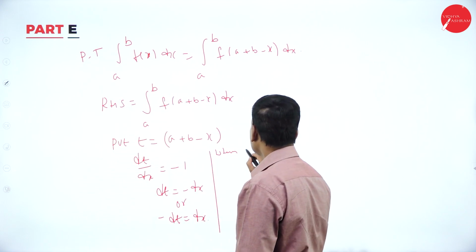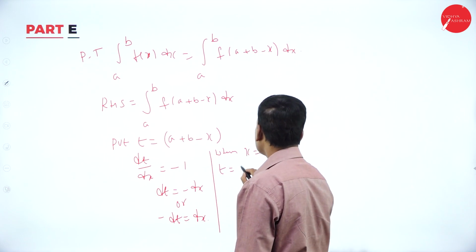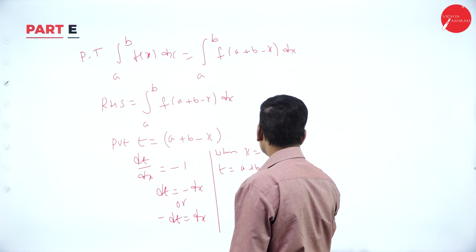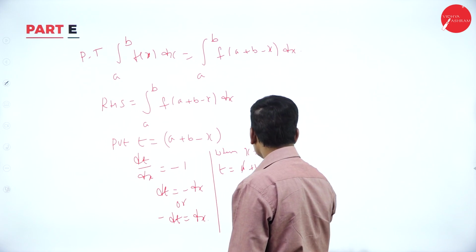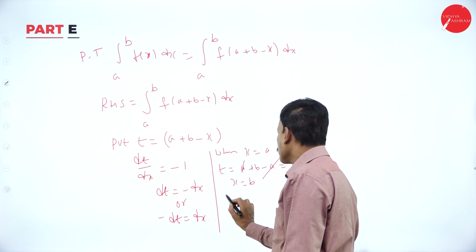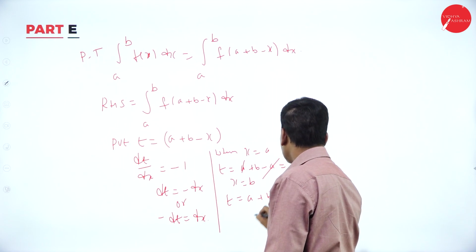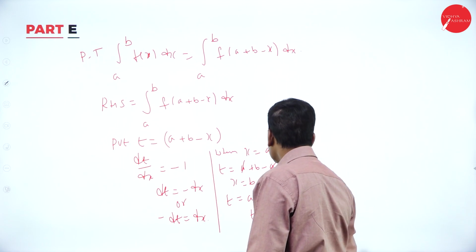When x is equal to the lower limit a, t can be written as a plus b minus a, that's equal to b, as minus a plus a gets cancelled. Again, when x is equal to the upper limit b, t becomes a plus b minus b. Minus b plus b gets cancelled, t is equal to a.